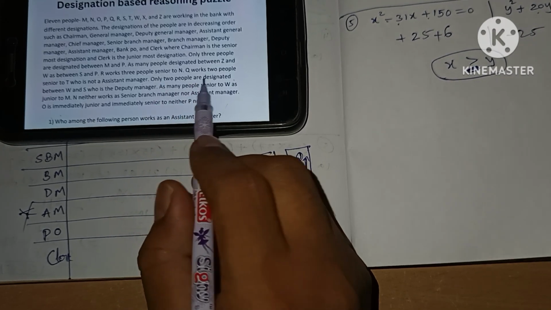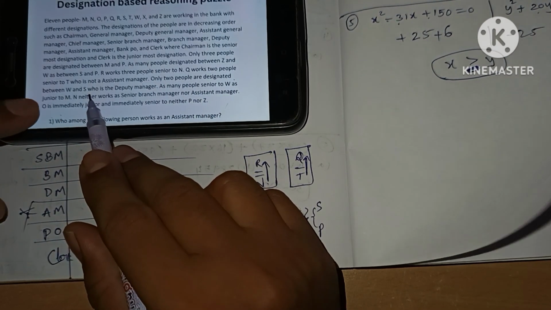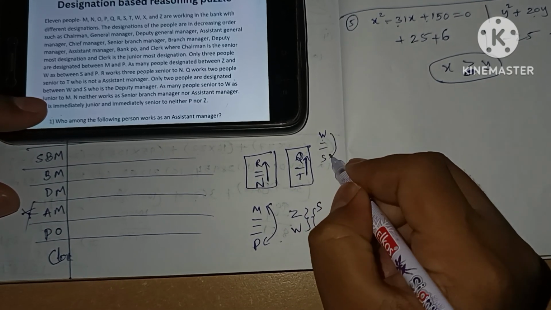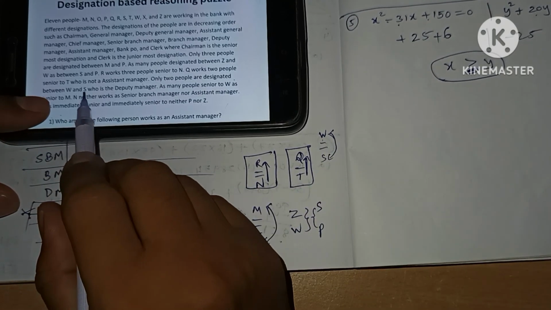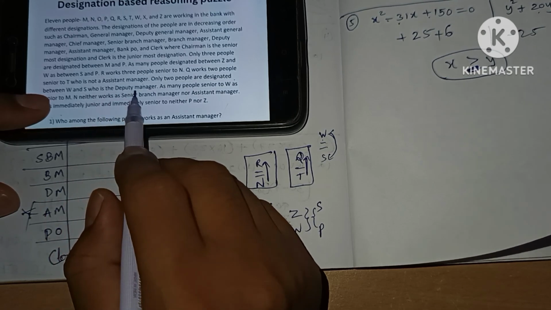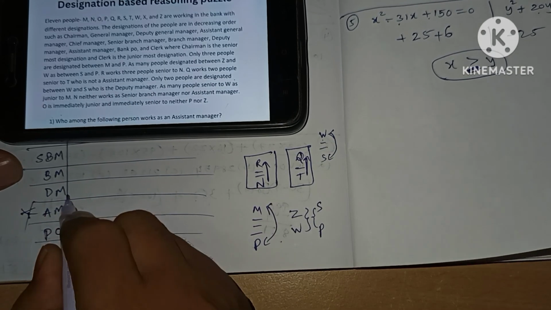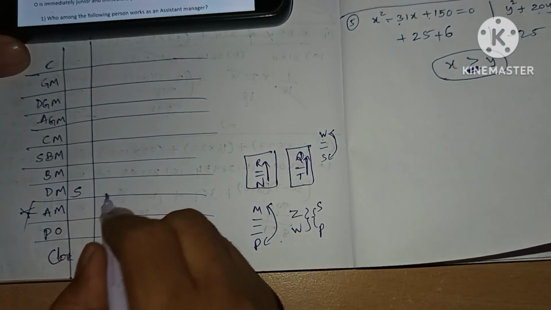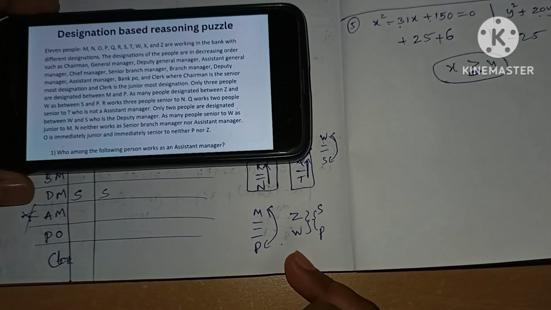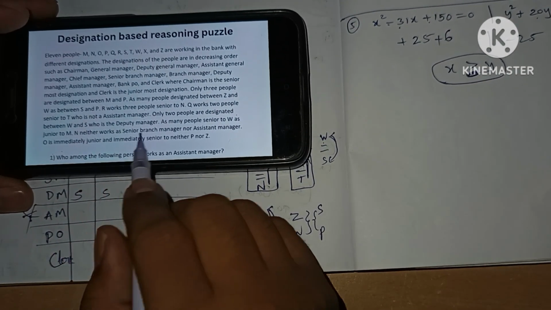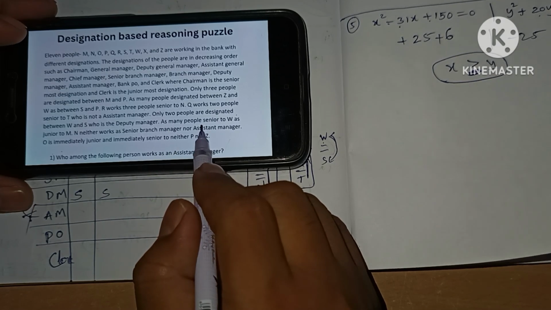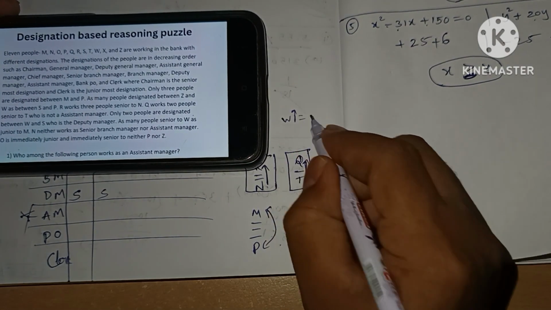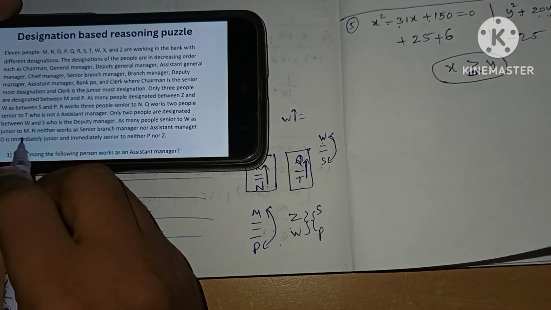Only two people are designated between W and S. Two people between W and S. S is deputy manager. So S is DM. As many people senior to W as junior to M.